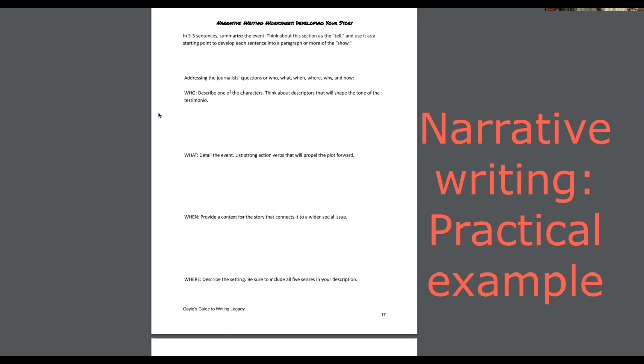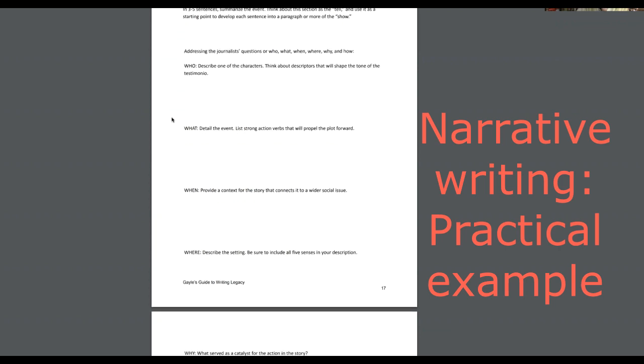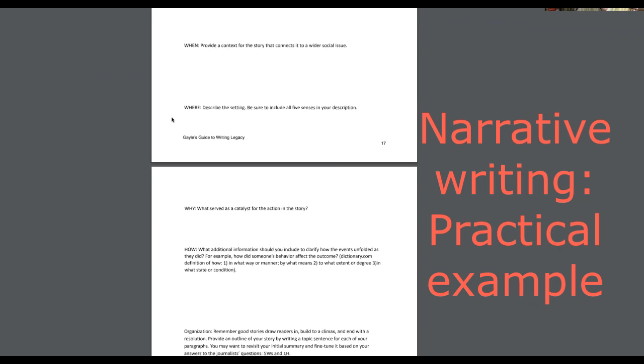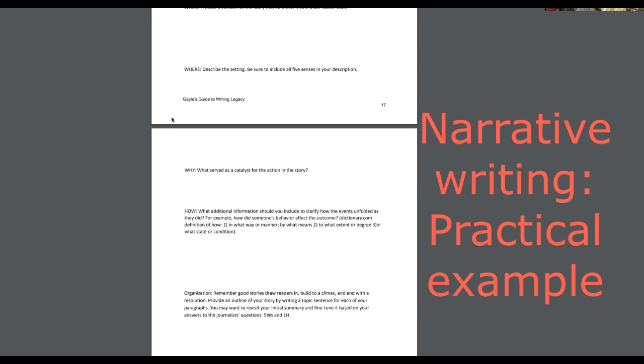When you describe the setting, be sure to include all five senses in your description. So again, you want to make sure that you are not just relying on visual cues, that's the most common, but think about senses of smell. When you go to a movie theater, it smells like popcorn. When you go to a grammar school cafeteria, it smells like vomit and grease.